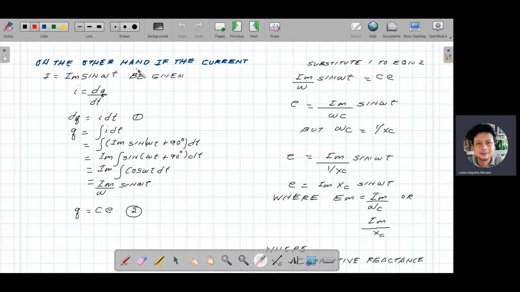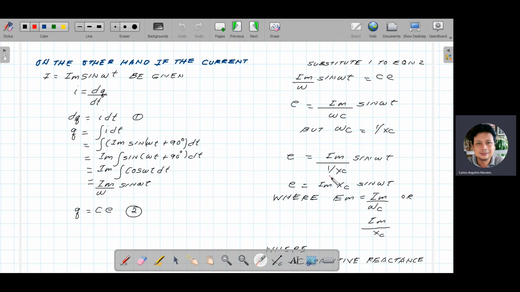So on the other hand, if the current I is I maximum sine omega t be given. So derive siya, no, for the sake of explaining lang naman ito. Sinubstitute yan hanggang sa mag-end up sa formulang ito, no?